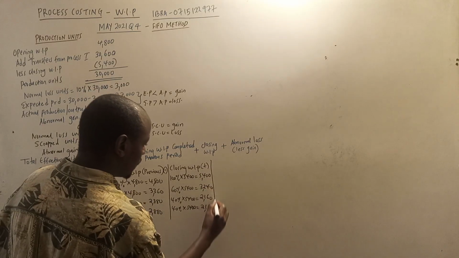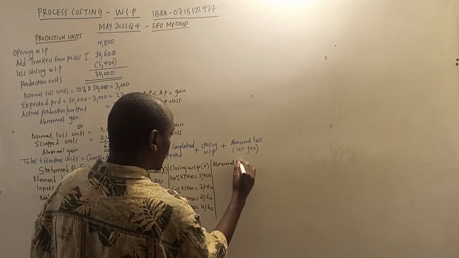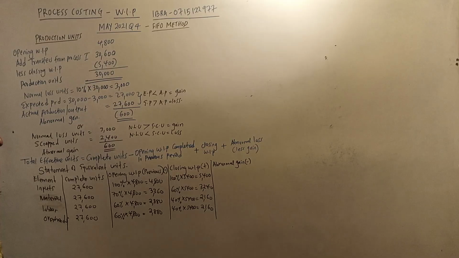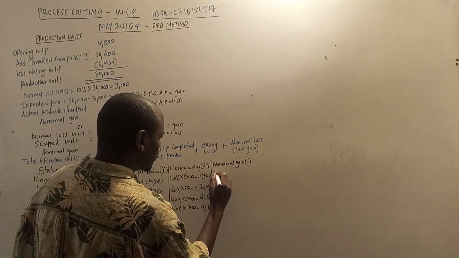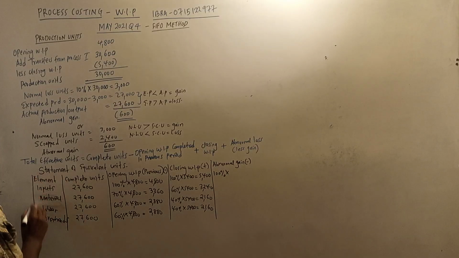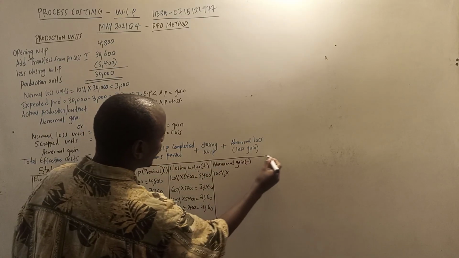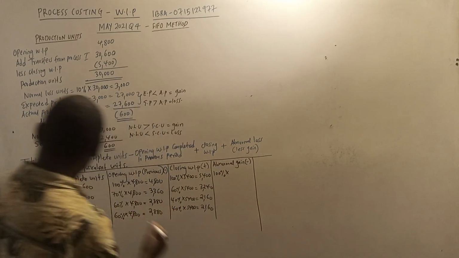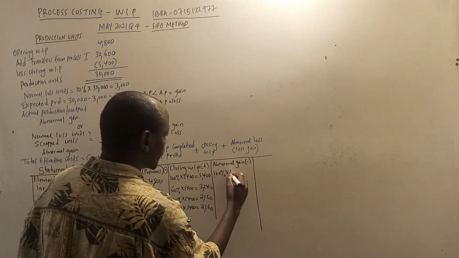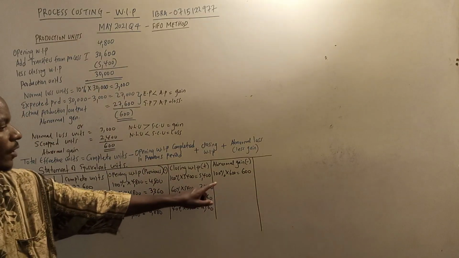In this case we are supposed to minus because inputs will always be 100%. So how much of 600? It also gives us 600.